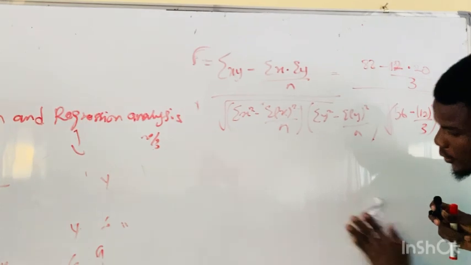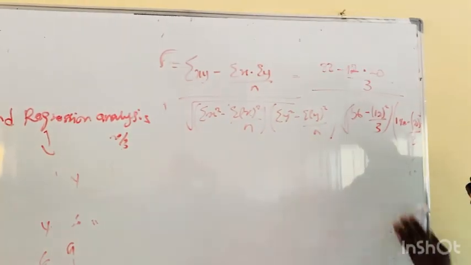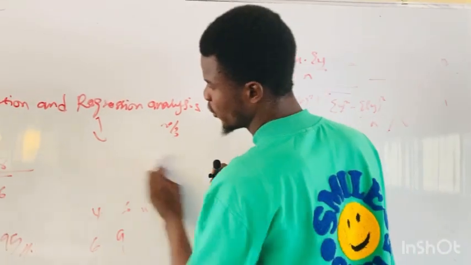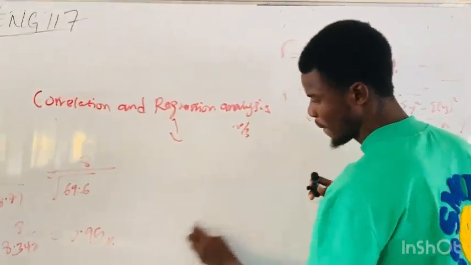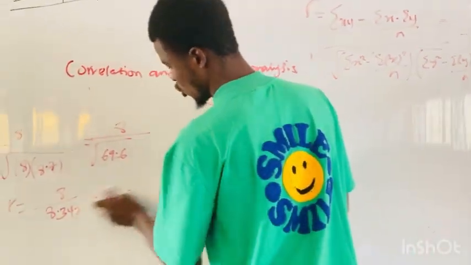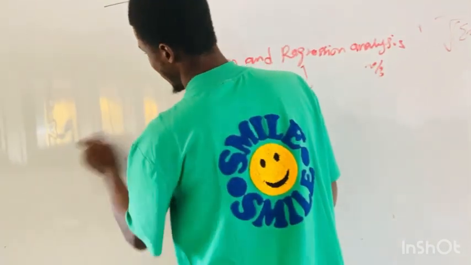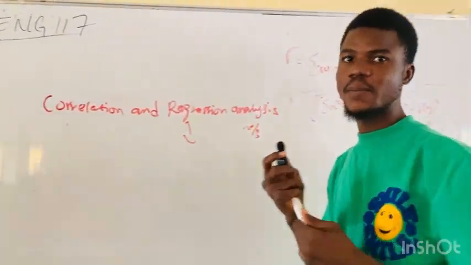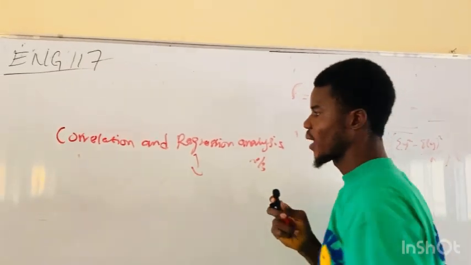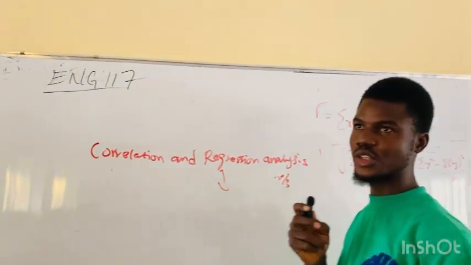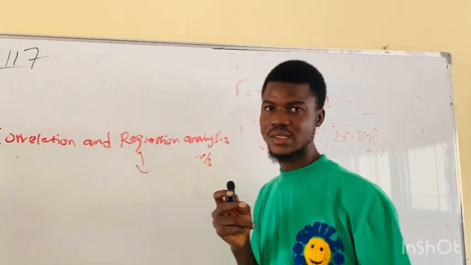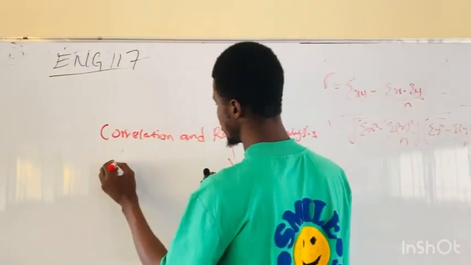Let me leave the formula for correlation. So for the regression analysis, I've already said it measures the strength of relationship between two variables, which is X and Y.